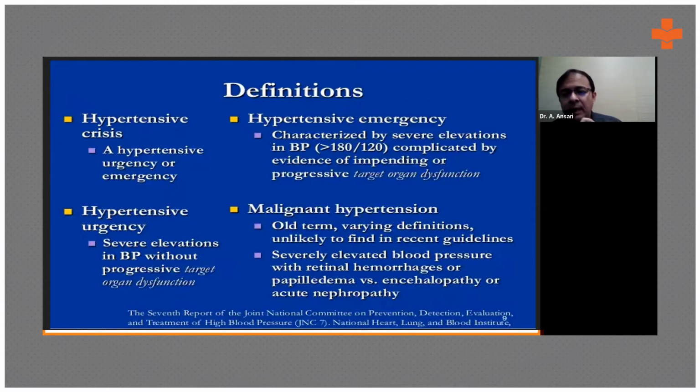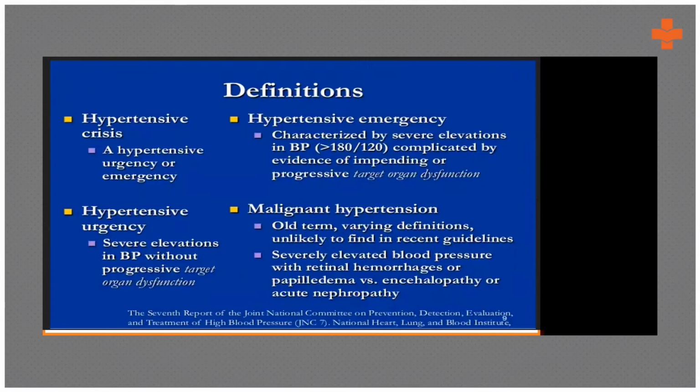There is no significant end organ damage, no target organ dysfunction. Anything more than about 160 by 100 or more than 180 by 120, but which is not going to harm the end organ, is termed an urgency. It can sometimes even be managed by an oral medication. We need not give an IV infusion every time.